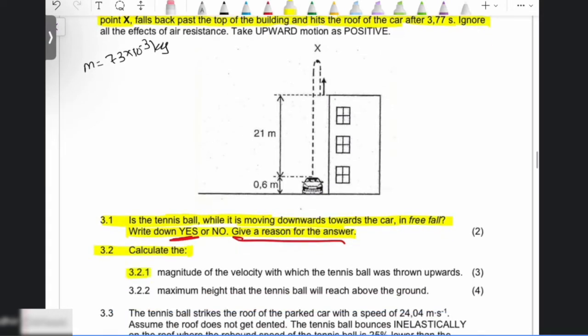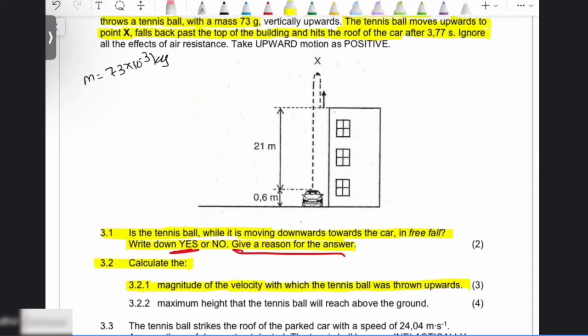It says here, the magnitude of the velocity with which the tennis ball was thrown upwards. Simple. So here we just want to know what is the velocity at which the ball was thrown upwards. Now the important thing here is they tell us it falls back past the top of the building and hits the roof of the car after 3.77 seconds.